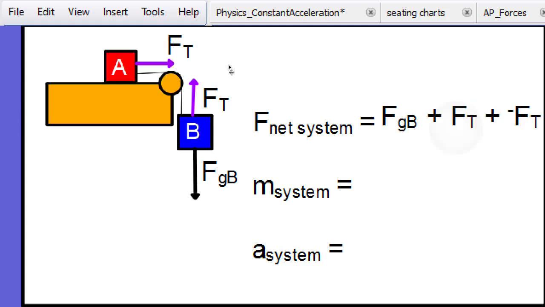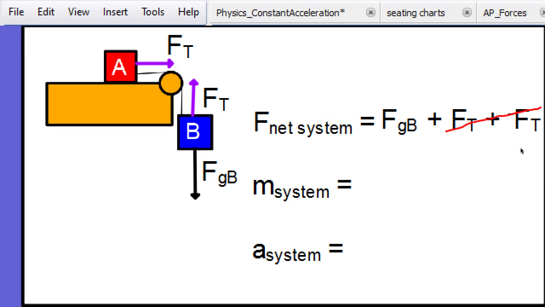That's my negative direction, remember, at least for this problem. So the net force of my system is FGB plus FT plus negative FT. So we can ignore those two. The net force of the system is the force of gravity on B. That's easy. We already know what that number is.